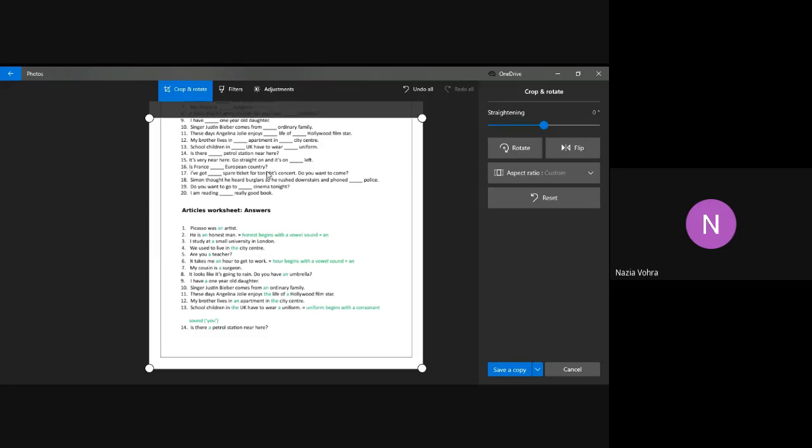It's very near here. Go straight on and it's on the left. Left is specific, unique. Did we say that we use article the for unique? Yes, so article the over here.